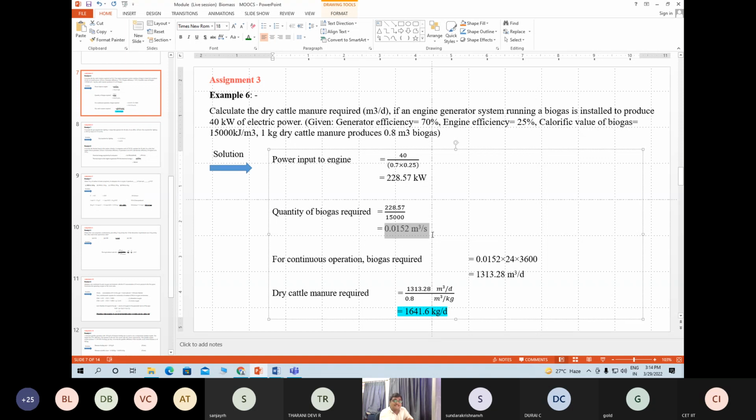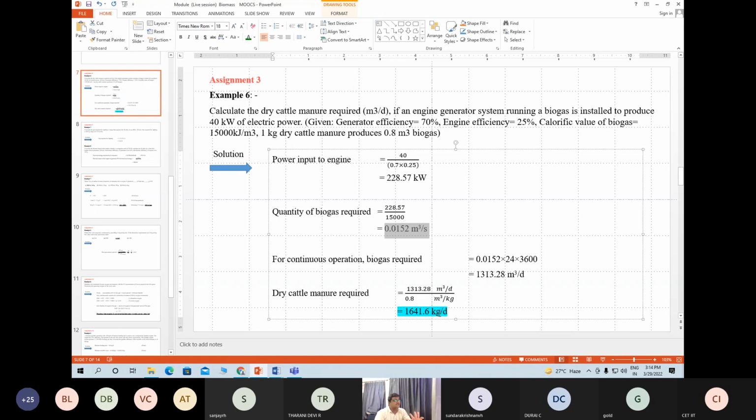So 1 kg of dry matter produces 0.8 meter cube of gas, and our requirement is 1313.28 meter cube of gas per day. You simply divide this value by 0.8, which gives the total amount of manure required daily. The meter cube gets cancelled, and you get the value in kilogram per day.